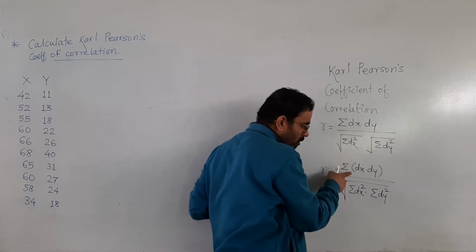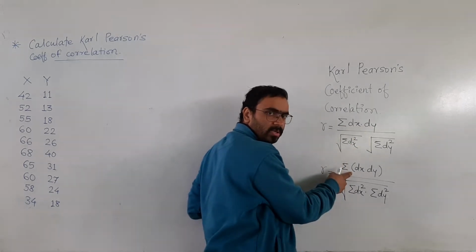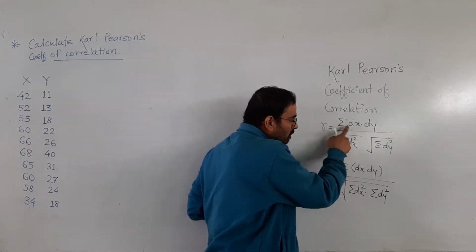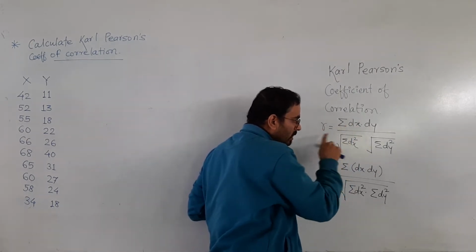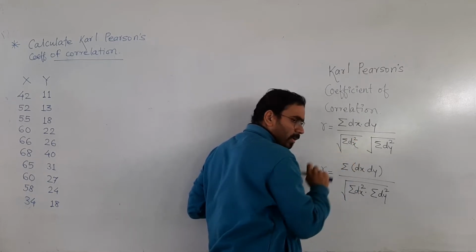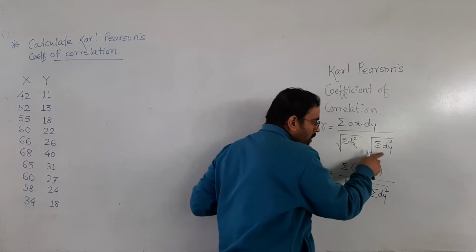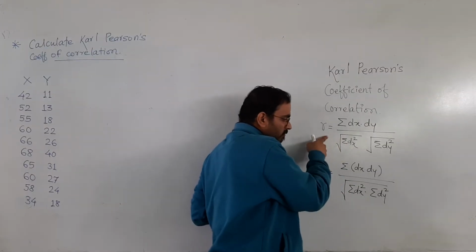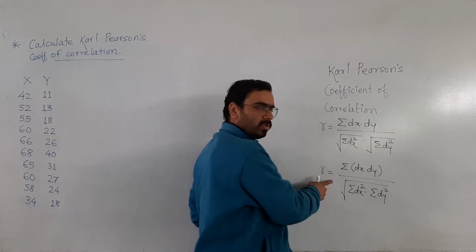So what is the formula? Summation of dx into dy divided by under root of summation dx square into under root of summation dy square. The same formula can be written in that way also.